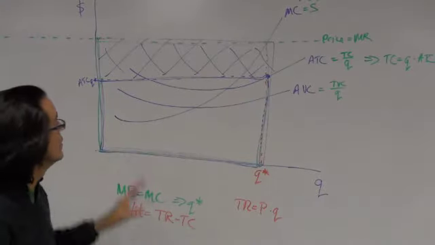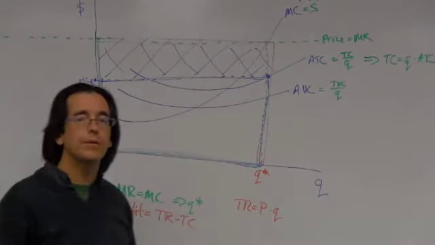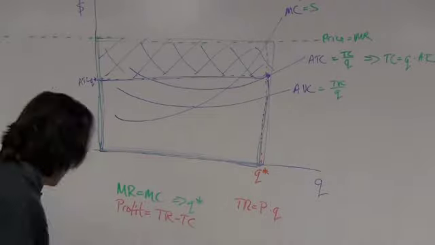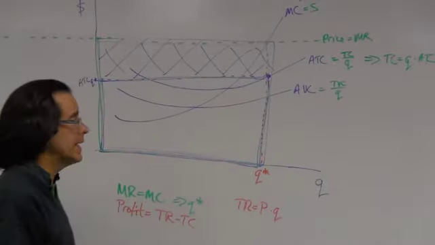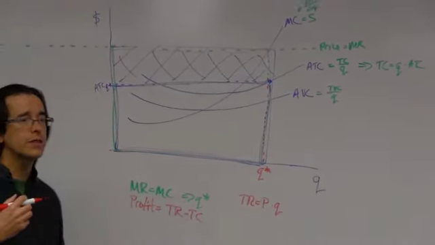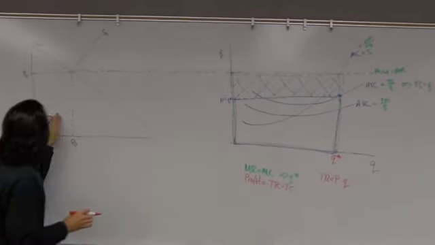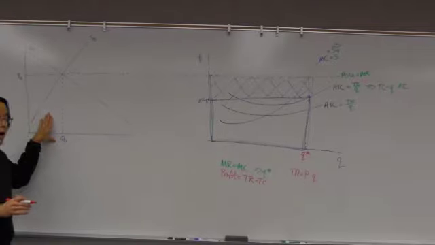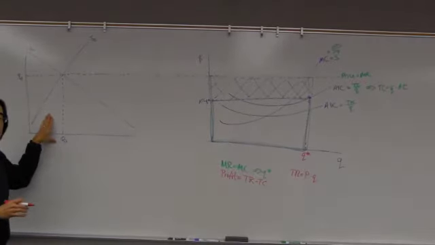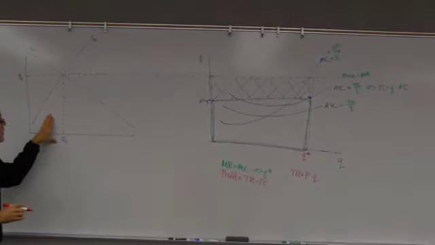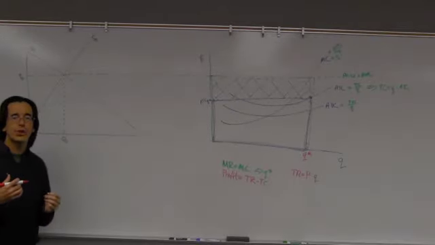Okay? So, what would happen if there's a change in price? So let's say that there's a shift in demand. So we go back to this market supply and demand curve, and we say that there's been a demographic change in the market.